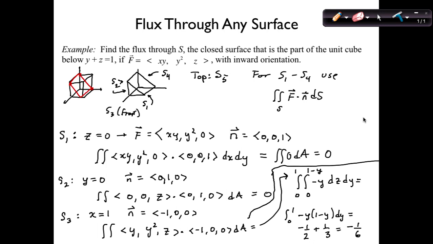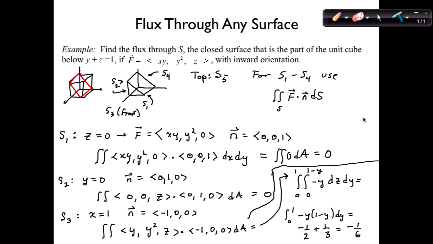So we actually get to something interesting with surface 3, the front surface. Do you agree with what I did? Yes. Winston does, Chrissy does. Any questions on S3? Why is it negative 1, 0, 0?